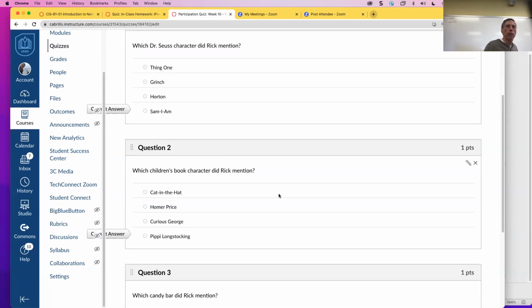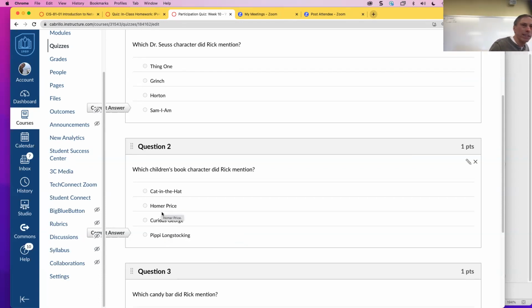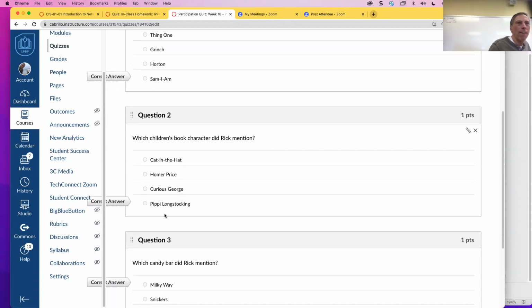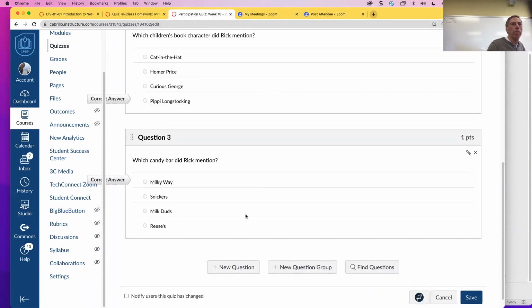Which children's book did Rick mention? Pippi Longstocking. I don't know if these are still a thing. I think Curious George is. Homer Price is. I know nobody knows Homer Price anymore. Which candy bar did Rick mention? Milky Way.